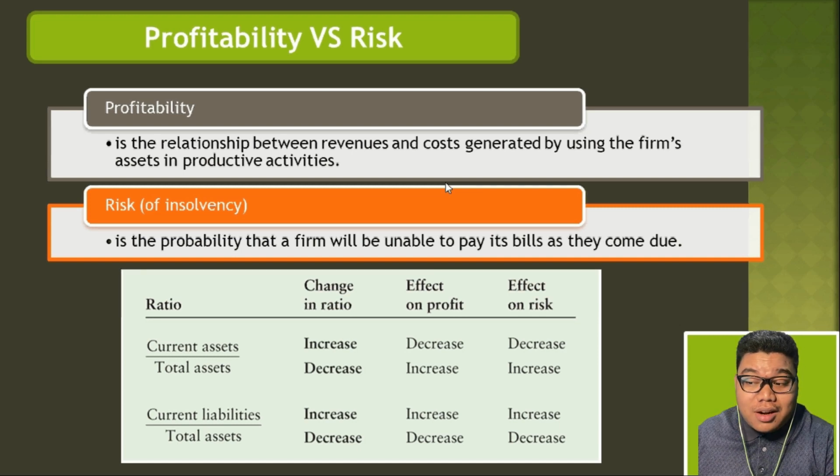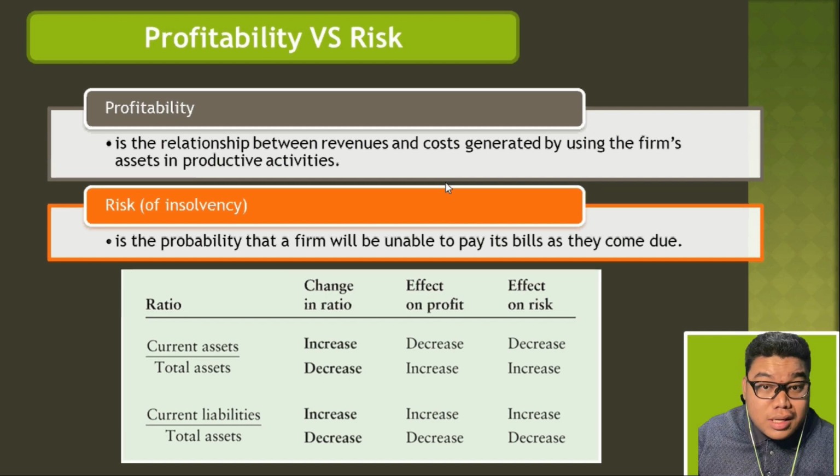However, when this ratio decreases, we are investing these amounts in more profit generating activities, which would increase our profits and in turn increase the risk of insolvency because we do not have that much fund available.